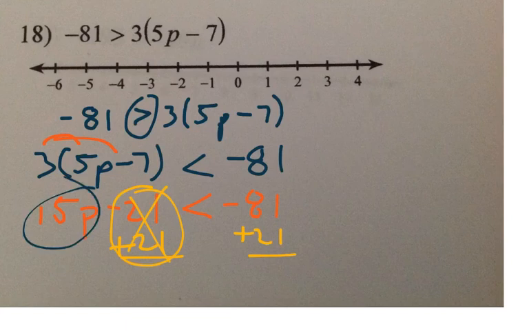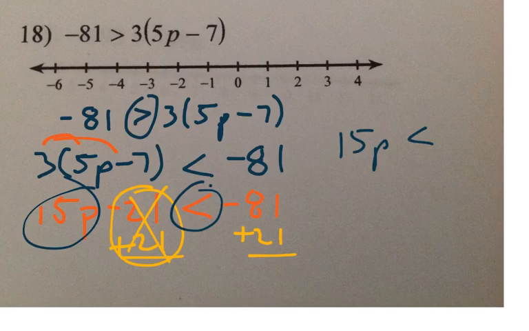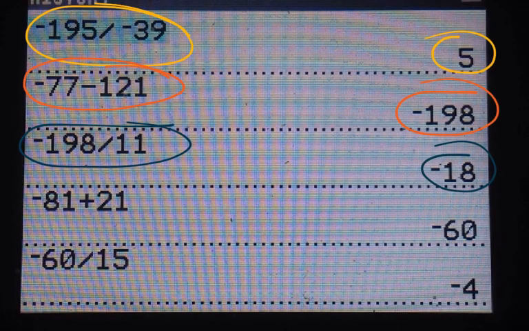That means we have 15p less than. Again, the less than did not switch, guys, because I was subtracting. Whenever you add or subtract, it does not switch. And what's negative 81 minus 21? Let's double check that, though.